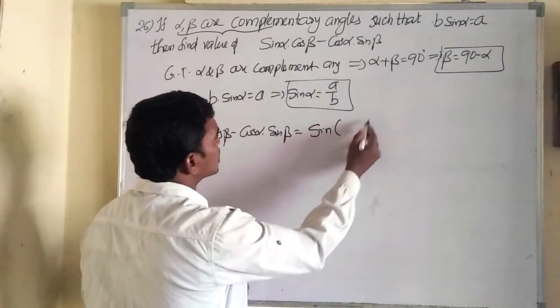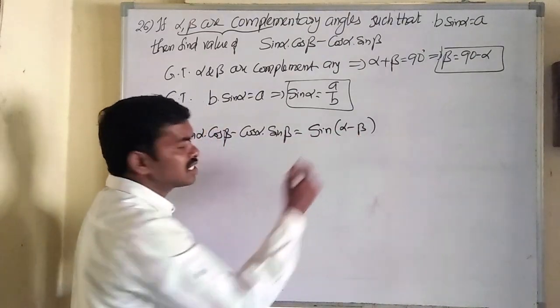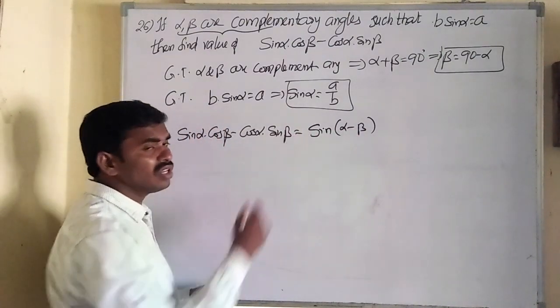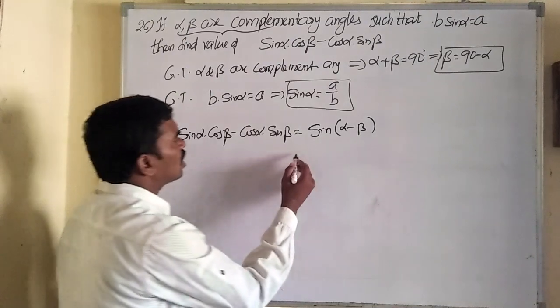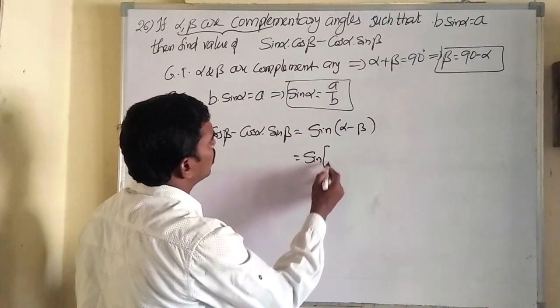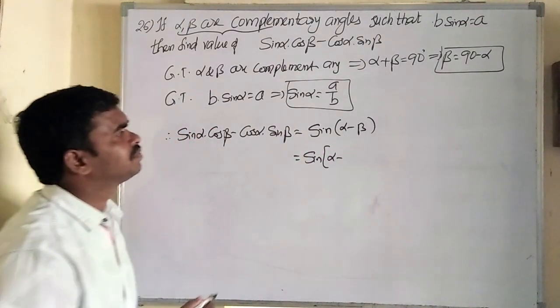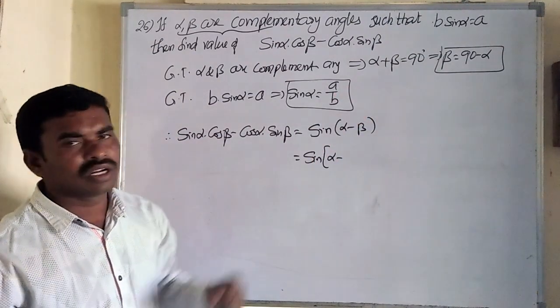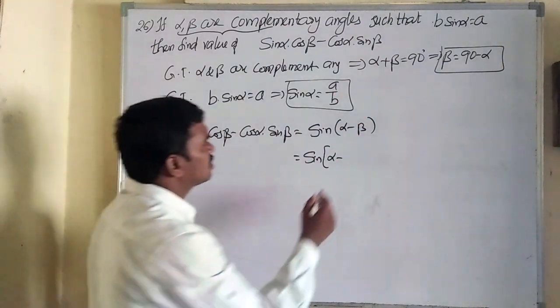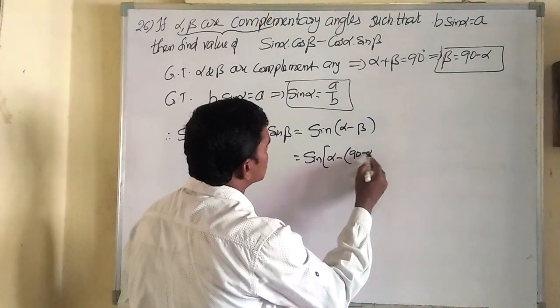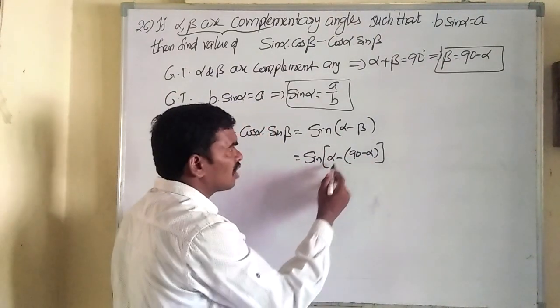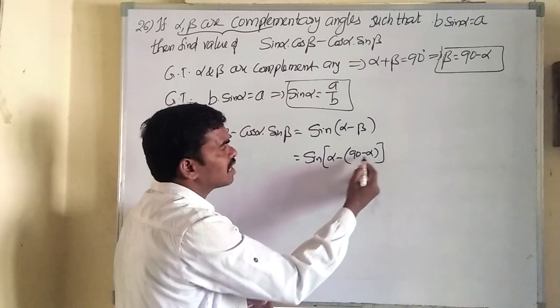Sin of A minus B, here alpha minus beta. So we use the sin of A minus B formula. Now sin of alpha minus beta, where beta means 90 minus alpha. So 90 minus alpha. See, alpha means alpha, minus means minus, beta means 90 minus alpha.